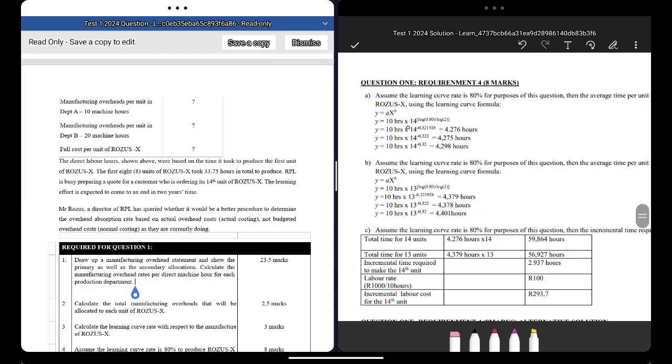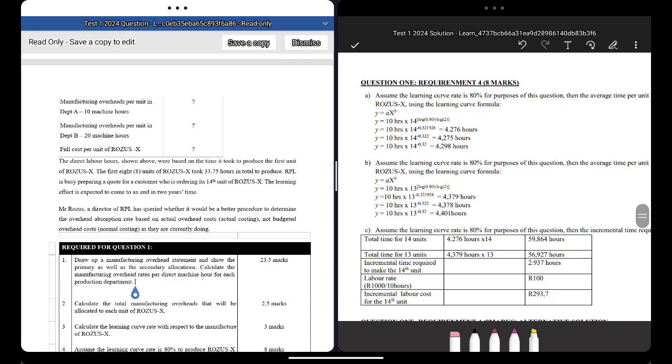Oh wait, sorry. A is 10. The direct labor hours shown above was based on the time it took to produce the first 10 machine units. So that's the time it took to produce the first unit, 10 hours. So we'll just replace A with 10.